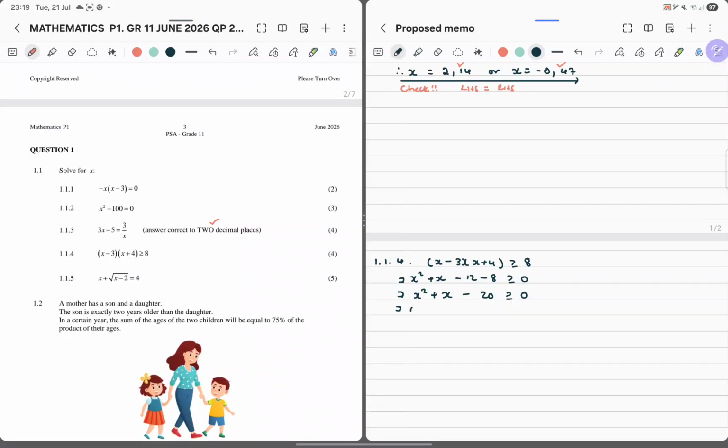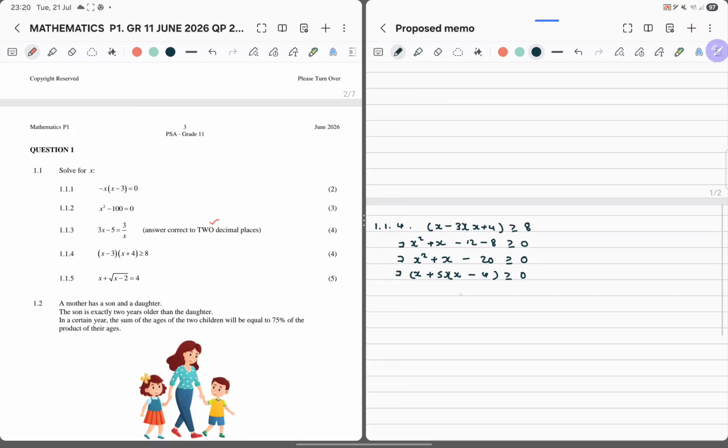So we can factorize our friend back. So this is x, factors of 20 that can give us 1 are 4 and 5. 5 must follow the sign of the middle term. Nice and easy. So with this, folks, we can just choose the graphical method.